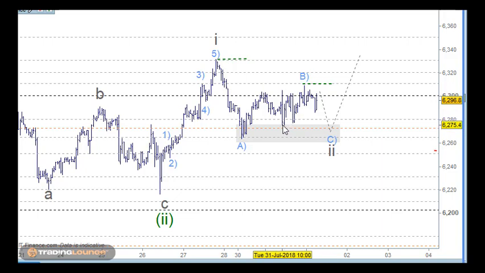Maybe wave B could be here and wave C could be here, and then we have 1 and 2 and 1 and 2 here. It just doesn't have the right look and feel for it. So we just need to be a little bit mindful of what we do here, and don't overtrade until we've got something a bit solid.